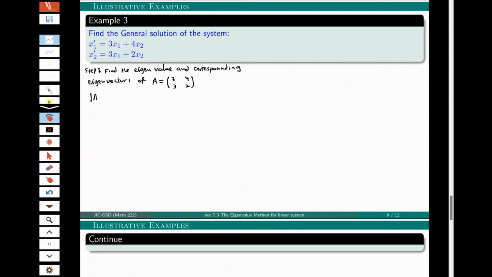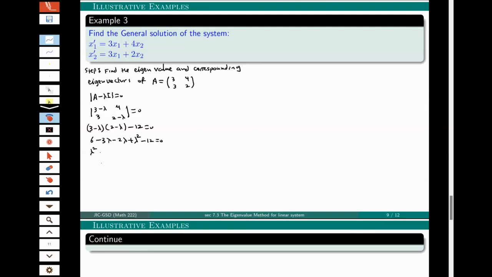So we will say here A minus lambda I equal to 0. So we will have 3 minus lambda, 4, and 3 and 2 minus lambda equal to 0. So we will have (3 minus lambda) times (2 minus lambda) minus 12 equal to 0. Expanding, 3 times 2 is 6, 3 times minus lambda is minus 3 lambda, minus 2 lambda, plus lambda squared, minus 12 equal to 0.